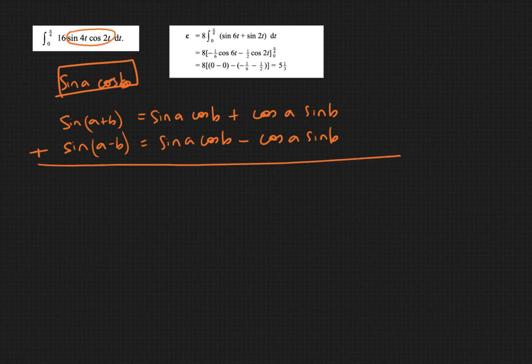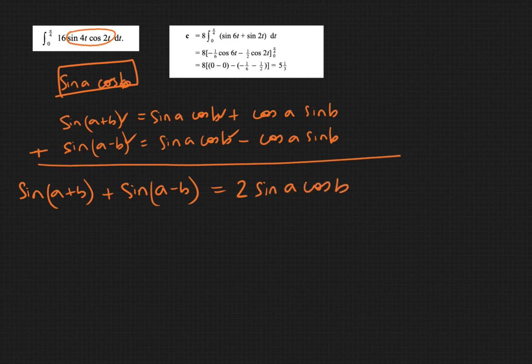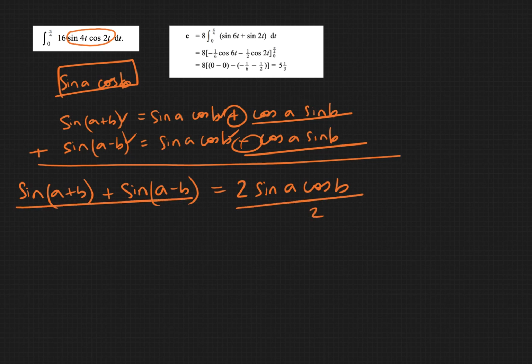When you add them up, you end up with sine A plus B plus sine A minus B equal to two lots of sine A cos B. When you add these other two together, because the signs are different, they cancel out, so we don't need to write that. Now we're just going to rearrange this by dividing both sides by 2.